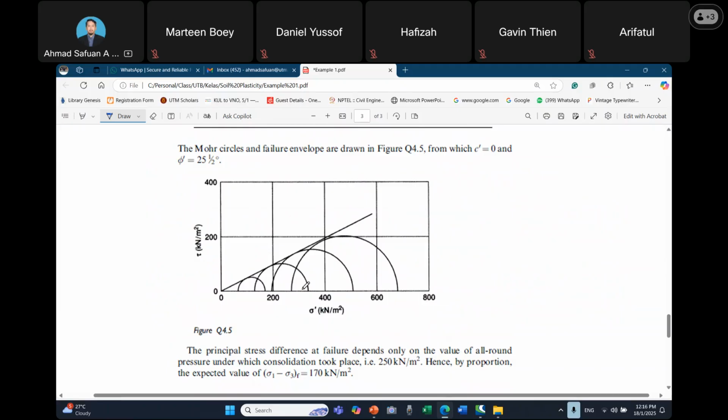The principal stress difference at failure depends on the value of the all-round pressure under which consolidation took place. By proportion, the expected value of sigma 1 minus sigma 3 is equal to 170.